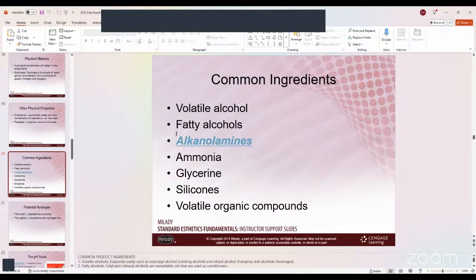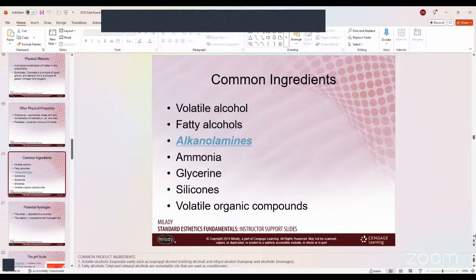Either way, they are going to pull out moisture. They're going to fight against moisture. They're going to get the job done, but they're going to fight against moisture. All right. Then there are fatty alcohols. Okay. Non-volatile oils that are used as conditioners. All right. So this is one of the good types of alcohols.